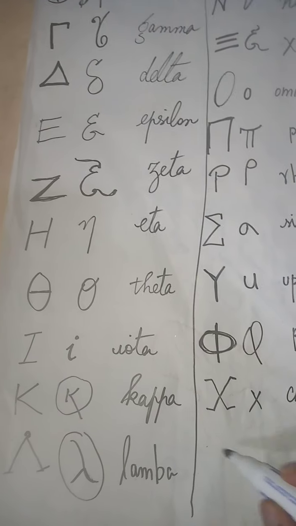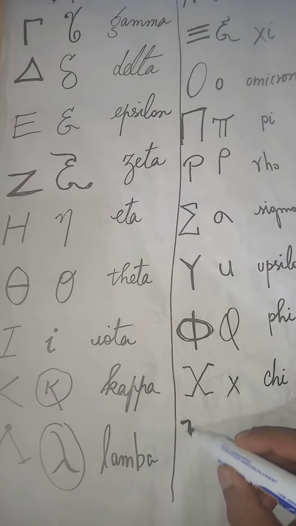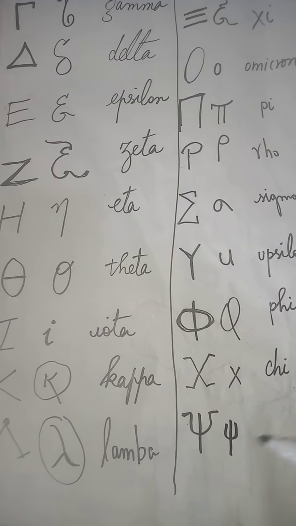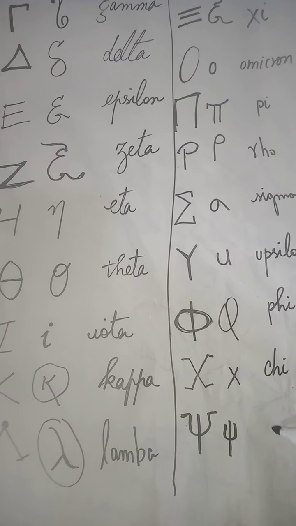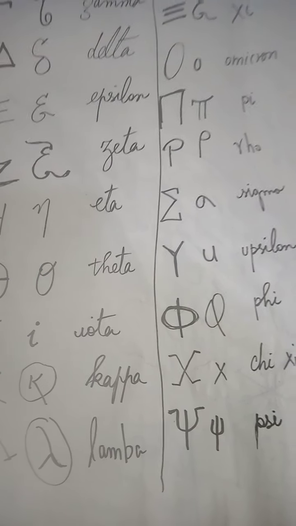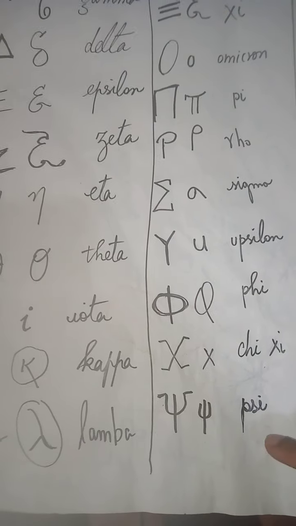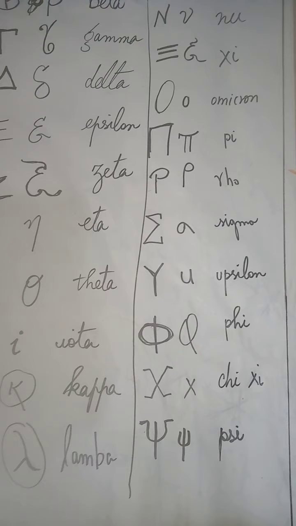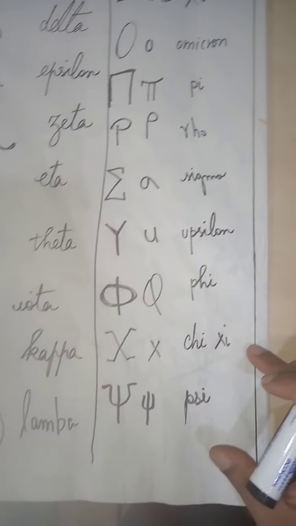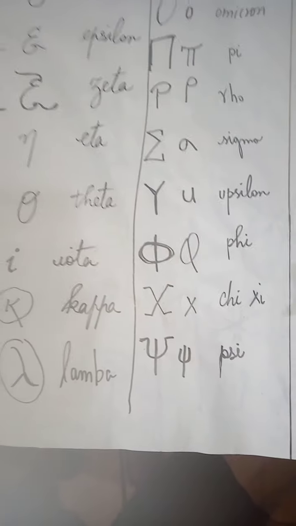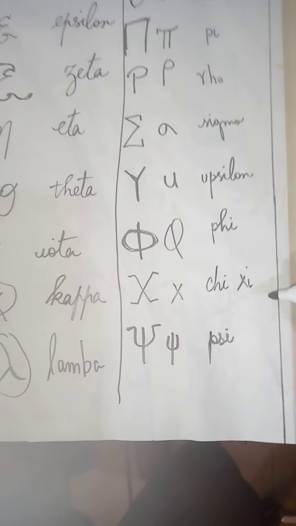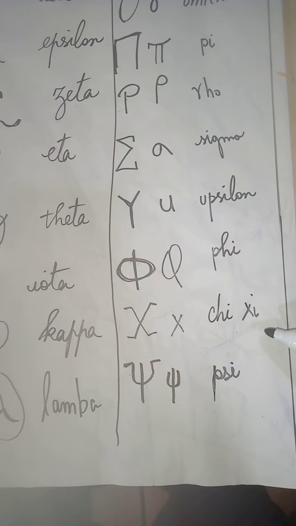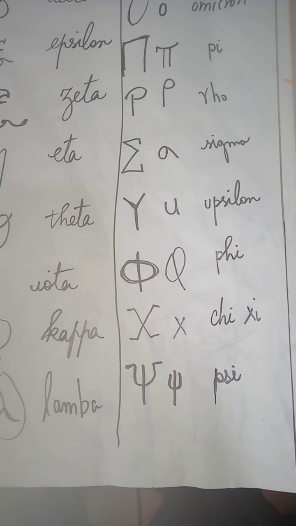And then you've got psi, which is used in probability, quantum chromodynamics, as well as quantum mechanics, basic quantum mechanics. And that's about it, I think.